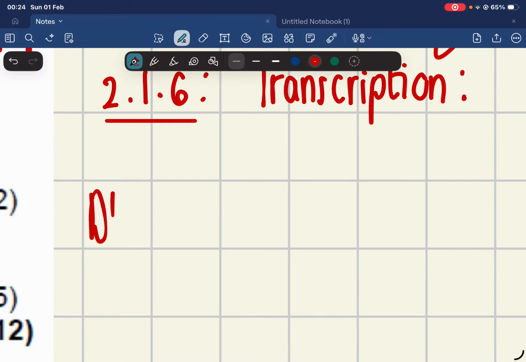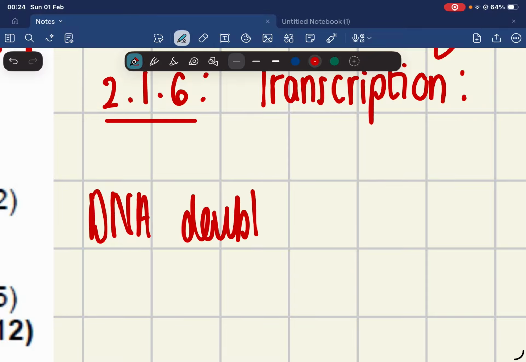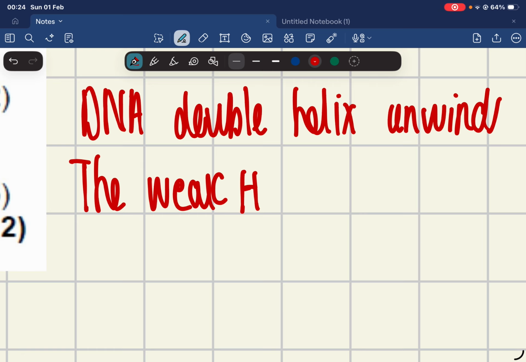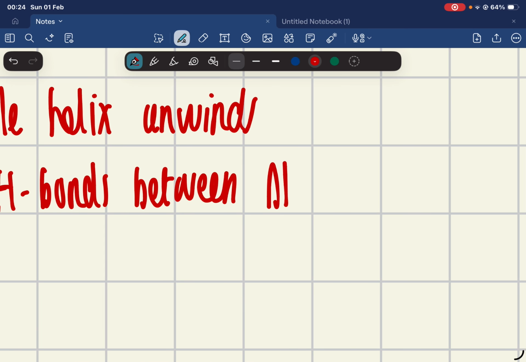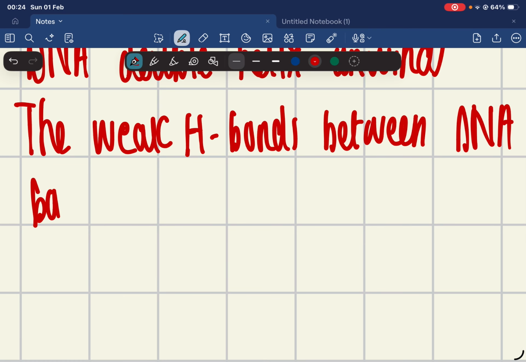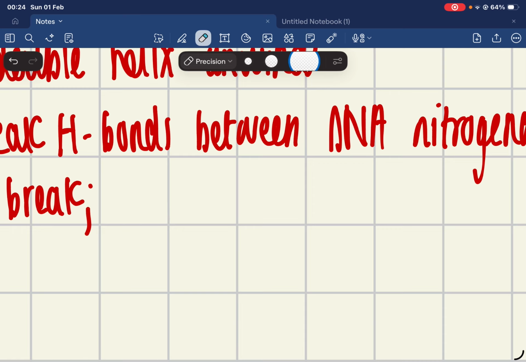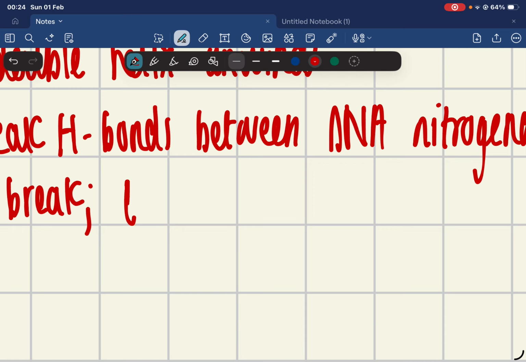Then you'd say firstly, the DNA double helix unwinds, and then the weak hydrogen bonds between the DNA nitrogenous bases break, and when they break, the two strands unzip.